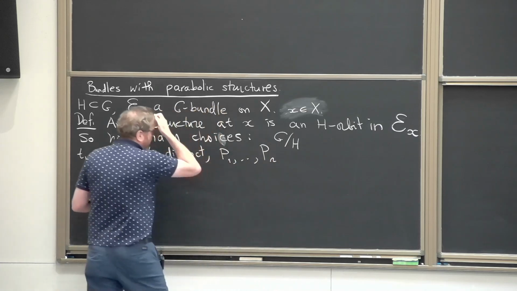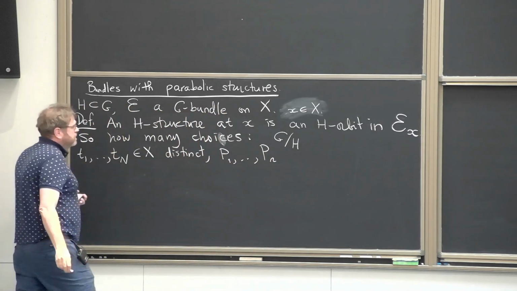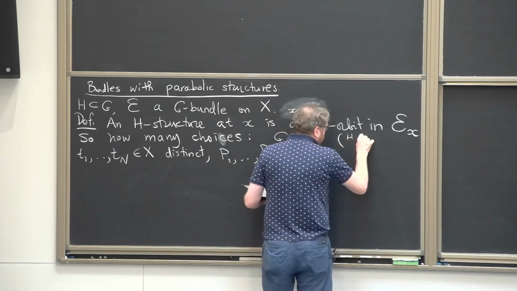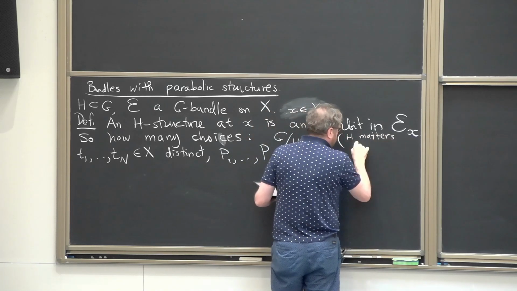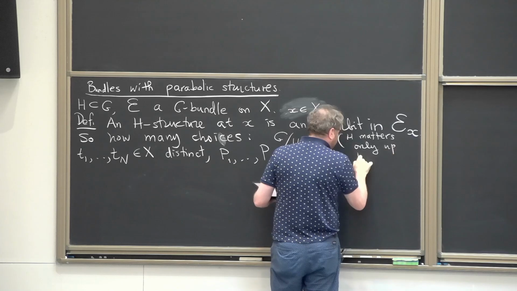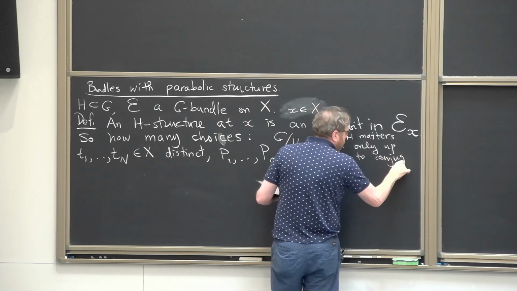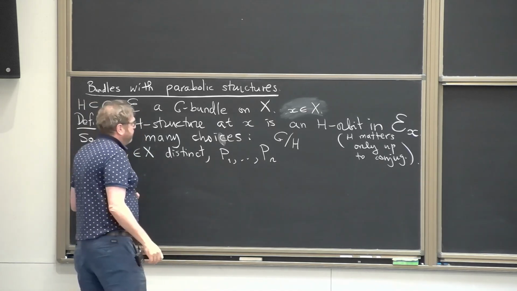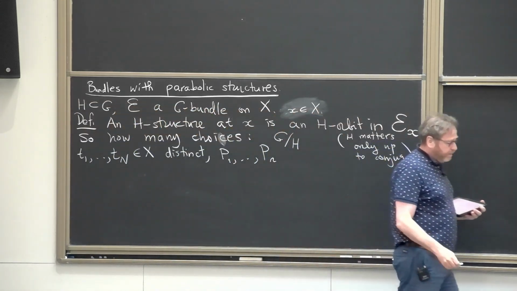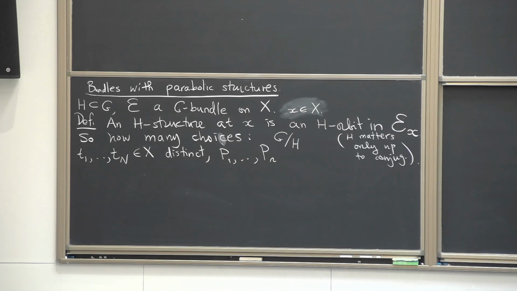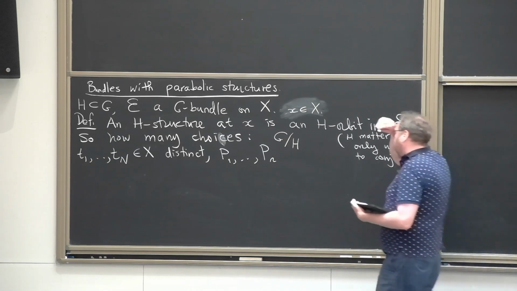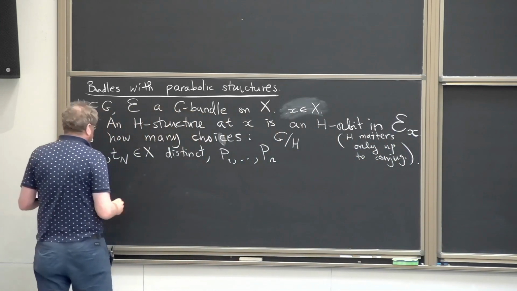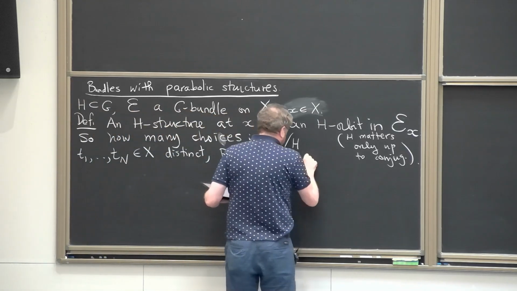By the way, I should say that when we talk about H structures, H matters only up to conjugation. Well, in the sense that if we have an H structure, which is an H orbit, and we multiply on the right by some group element g, this will transform an H orbit into a gHg inverse orbit. And so suppose these are parabolic subgroups.